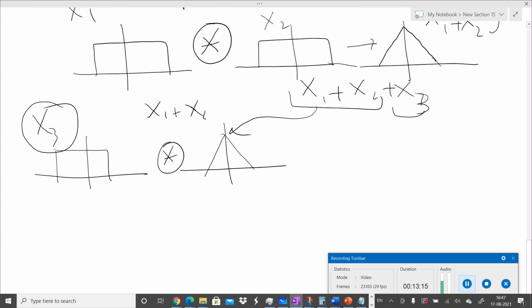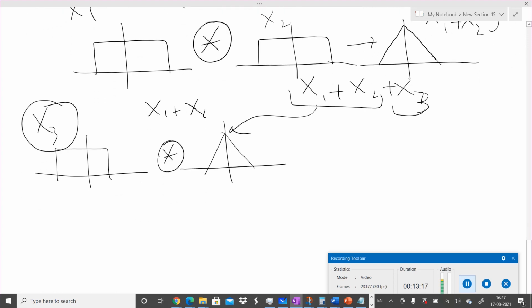What will be the overall distribution? It will be the convolution of a rectangle with a triangle. The triangle has a linear term t in its equation, so if you integrate it, it becomes t squared by 2. So when you convolve a rectangle with a triangle, it becomes sort of a parabola.